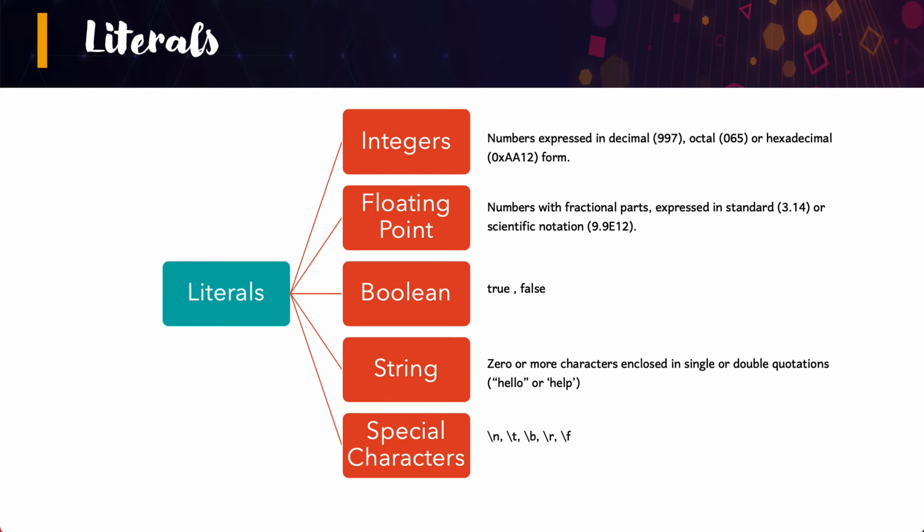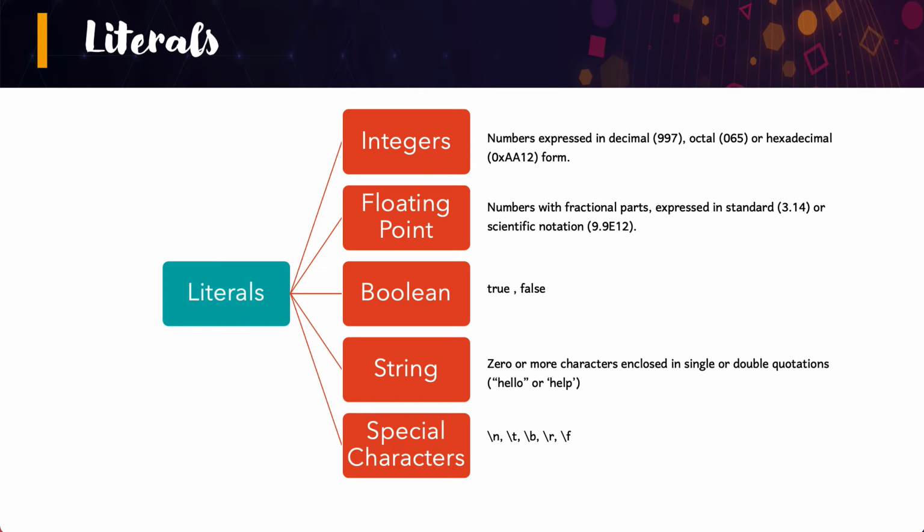And then there are Boolean literals. There are only two possibilities here, true and false. Then there are string literals. String literals are those with 0 or more characters. 0 here is important because it means that nothing else can be there. So string literals have 0 or more characters enclosed in single quotes or double quotation marks.